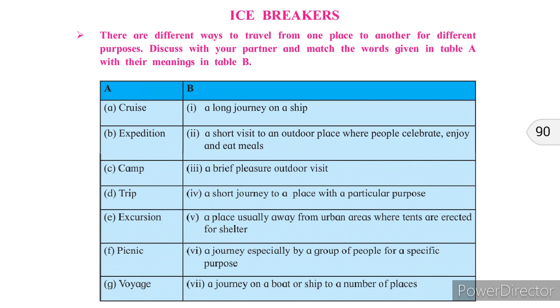Voyage means a long journey on a ship. So in column B, the first sentence is correct for voyage. In this way, dear students, we have matched both the columns correctly.